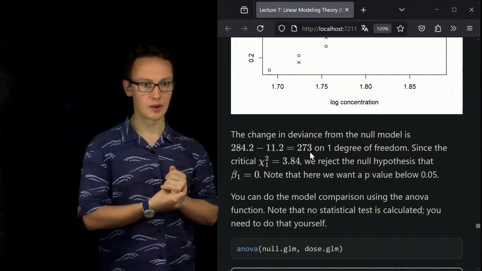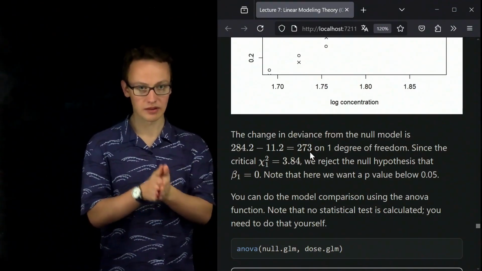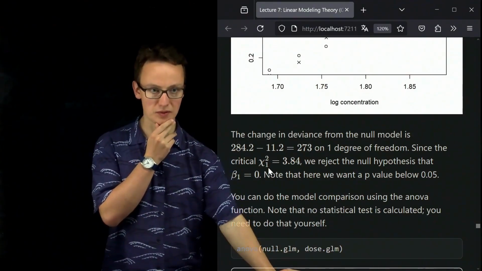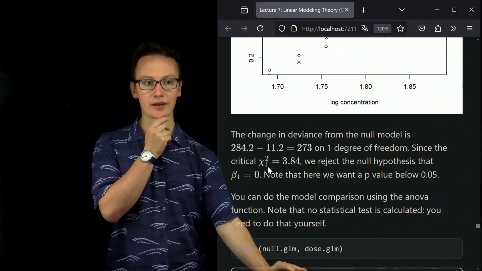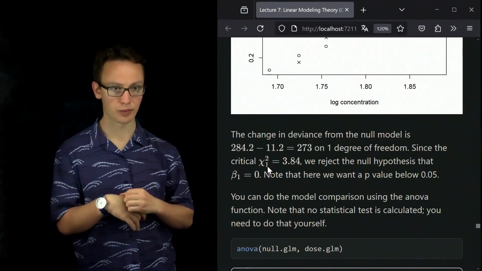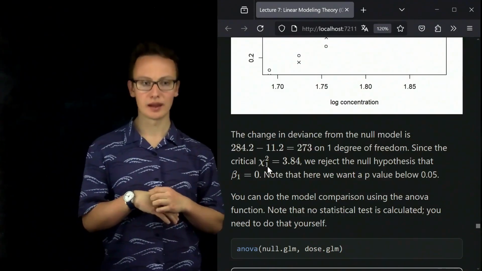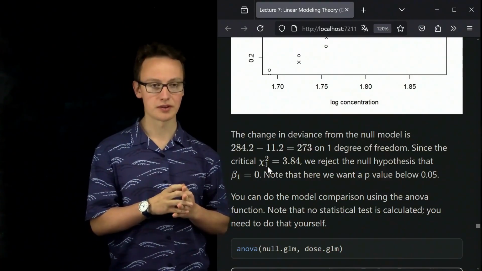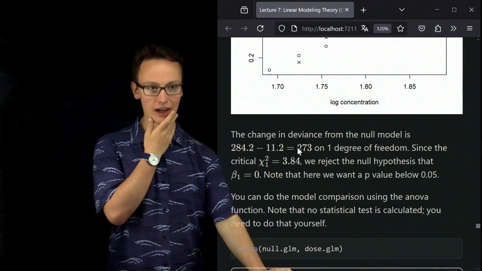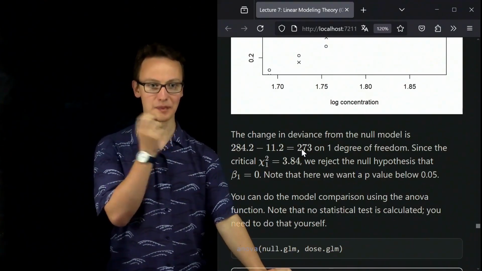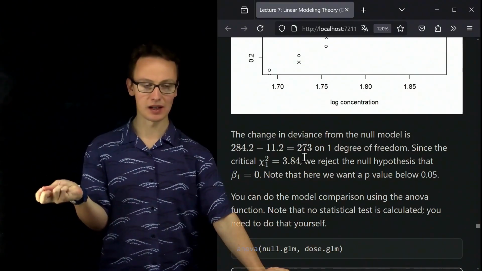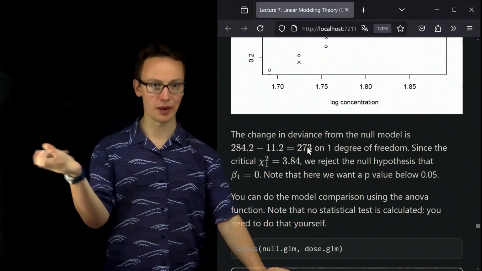And what we can do now is look at the chi-square distribution that corresponds to this, so the chi-square distribution with degrees of freedom 1, and find the corresponding critical value for a significance threshold of 0.05, and that is 3.84. So we can clearly see that comparing our actual observed difference in deviances, which is 273, to this critical value, it far surpasses it.